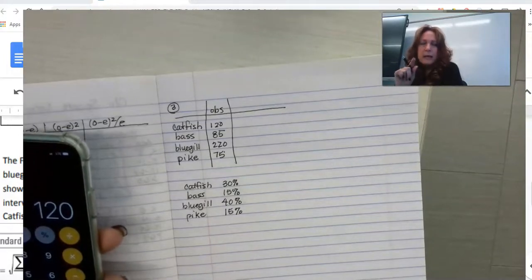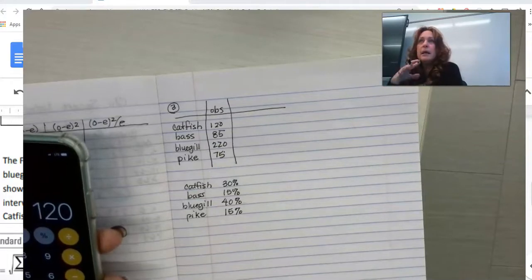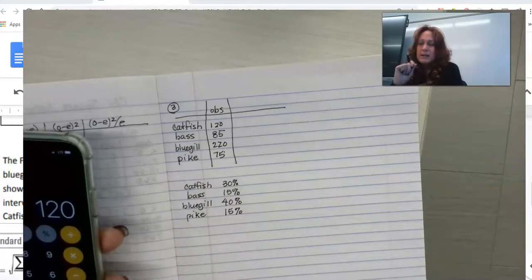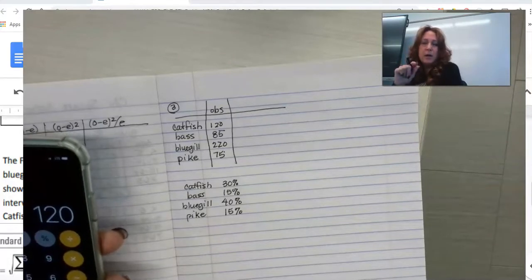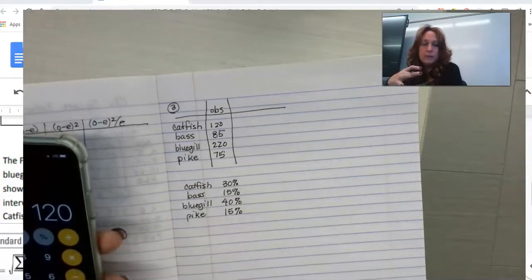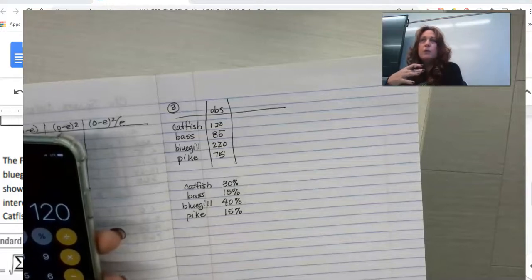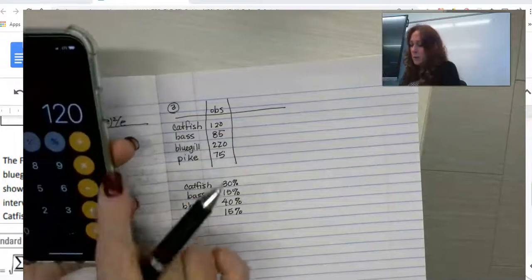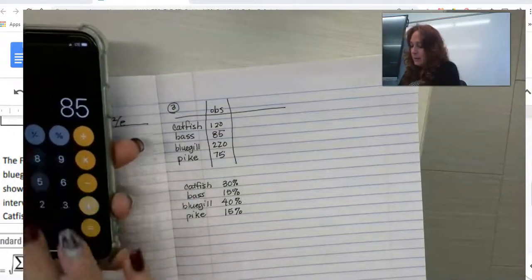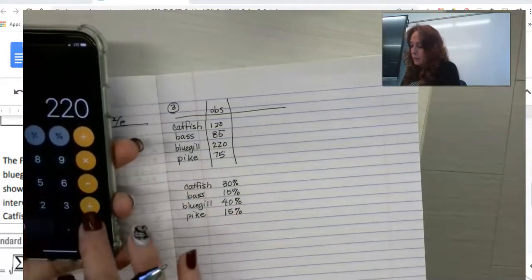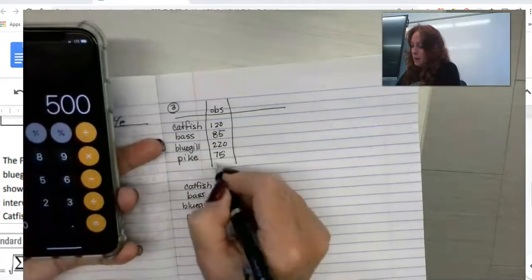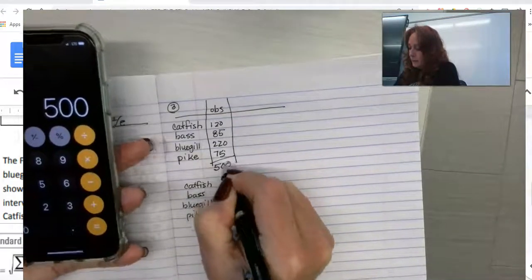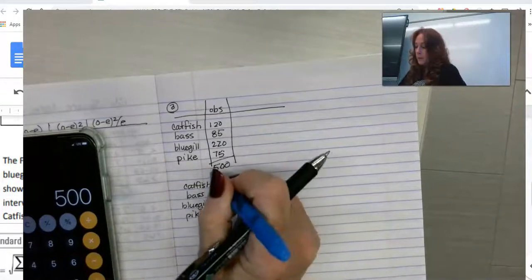When you're taking a test, stress and anxiety cause you to only be able to really access about 70% of what you're capable of doing. It impairs you that much. So don't trust your head. Your head's a liar. So 120 plus 85 plus 220 plus 75. Sure enough, it is 500.